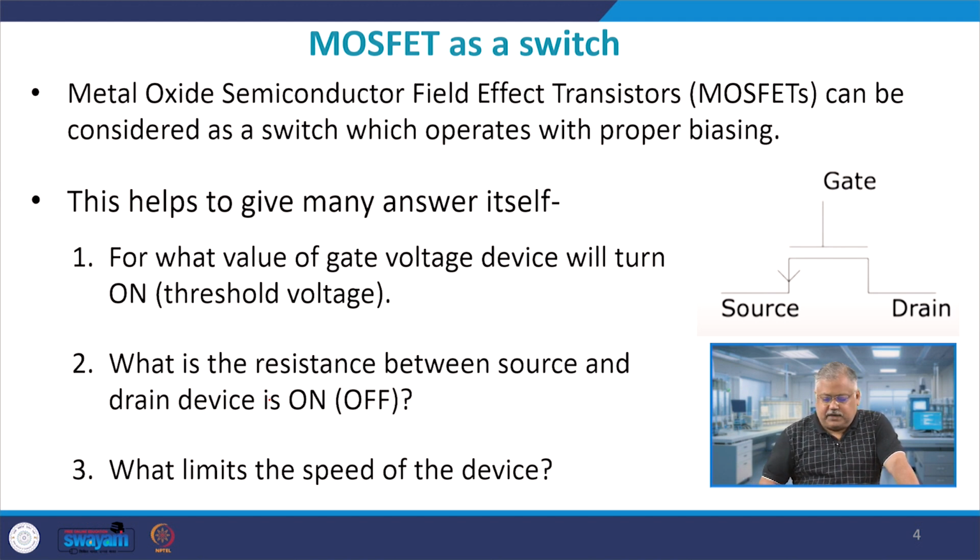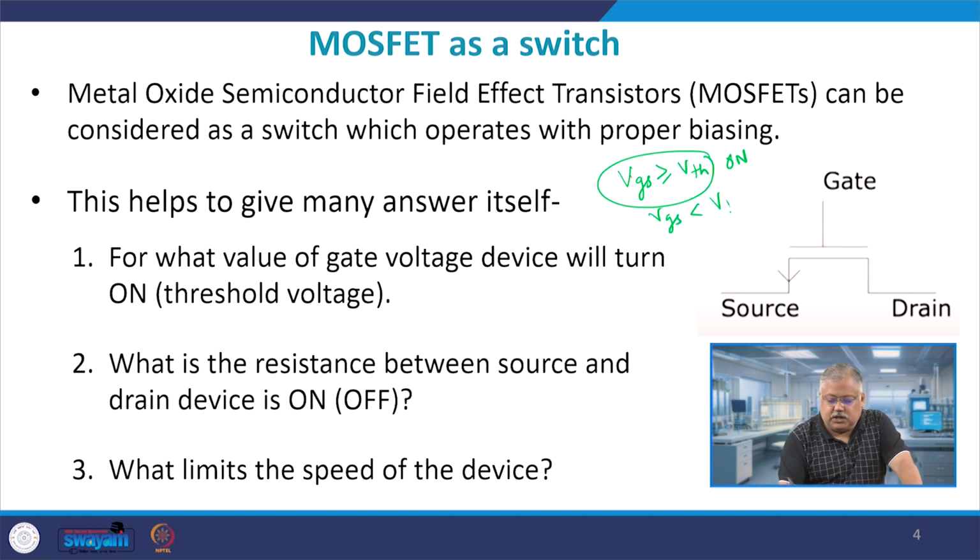If you remember, MOSFET has a gate, source and a drain, and we also know that when my gate voltage is exceeding the threshold voltage, the device is in the on state, and when my gate to source voltage is less than the threshold voltage, we come into the off state, right. We already know this point from our previous discussion, and that is the reason you see the first point: for what value of gate voltage will the device turn on, and we define that gate voltage to be the threshold voltage.